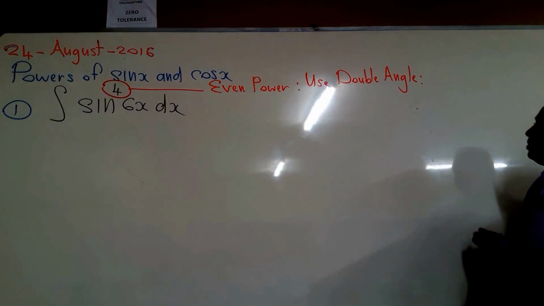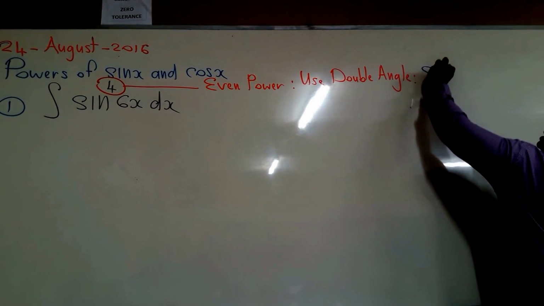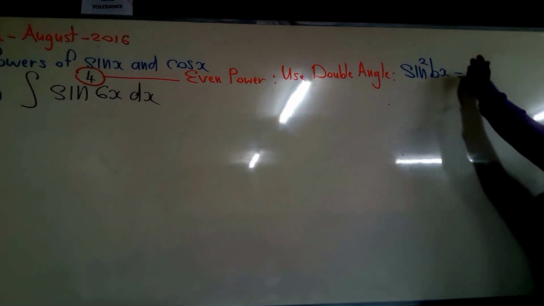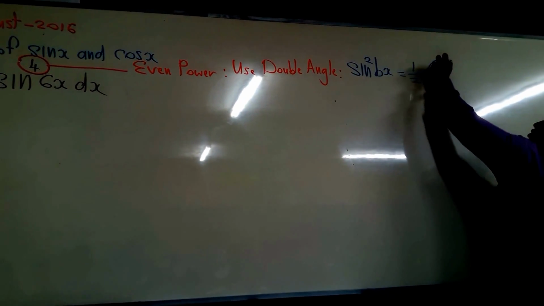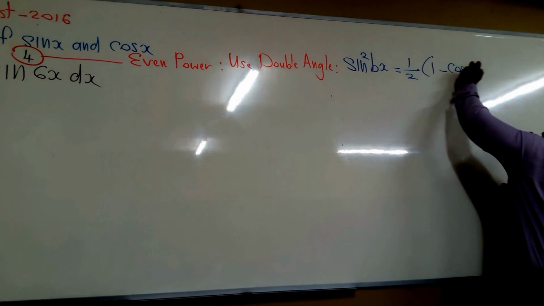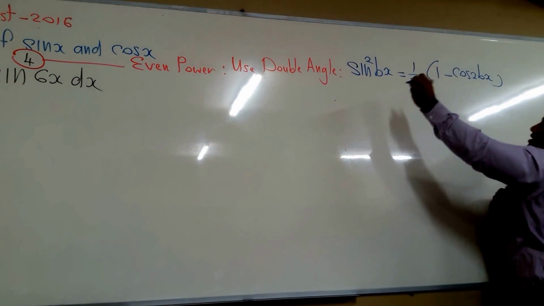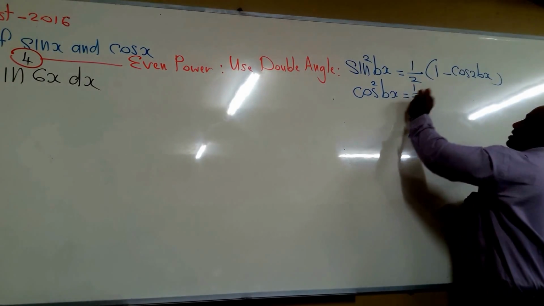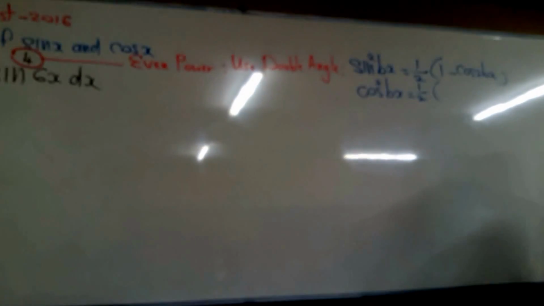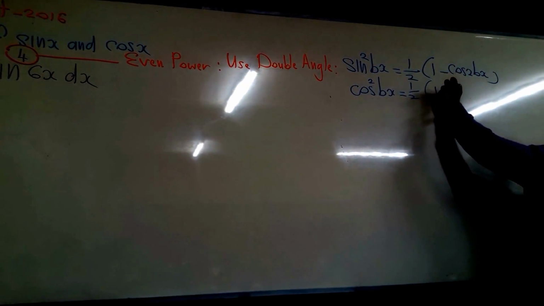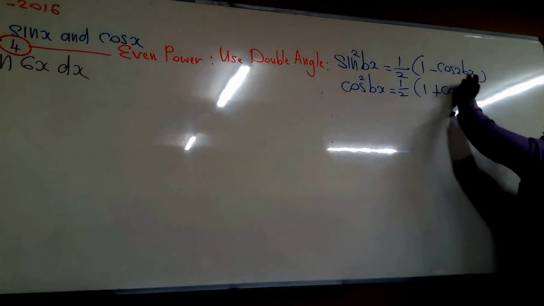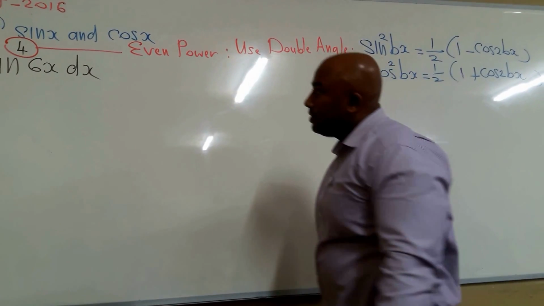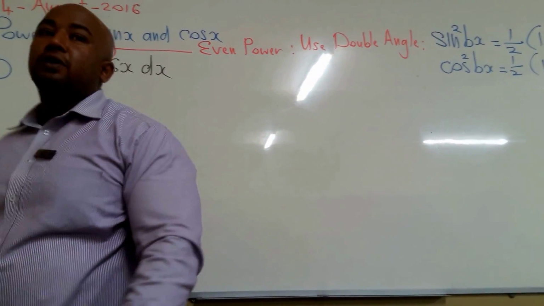The double angle formula is sine squared of bx, which will equal half into 1 minus cos of 2 times bx. If you have cos squared of bx, the only difference is the sign, so that will be 1 plus cos of 2bx. That's the rules for even powers.